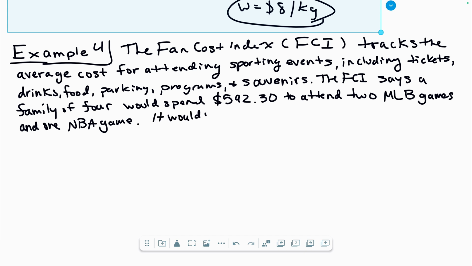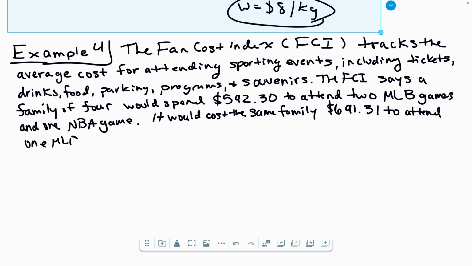It would cost the same family $691 and 31 cents to attend 1 MLB game and 2 NBA games.